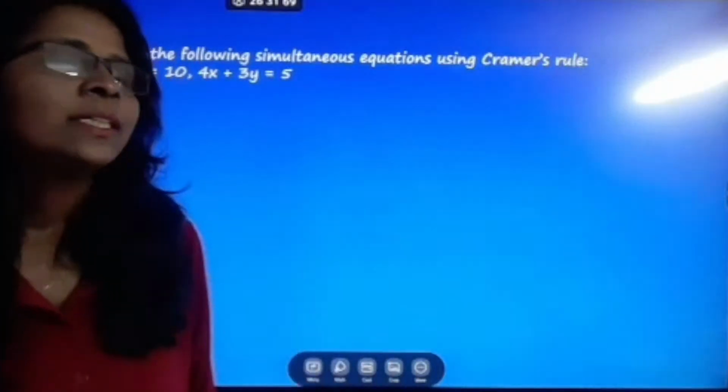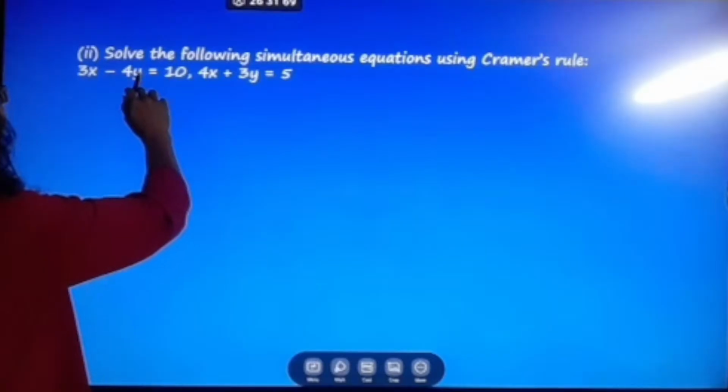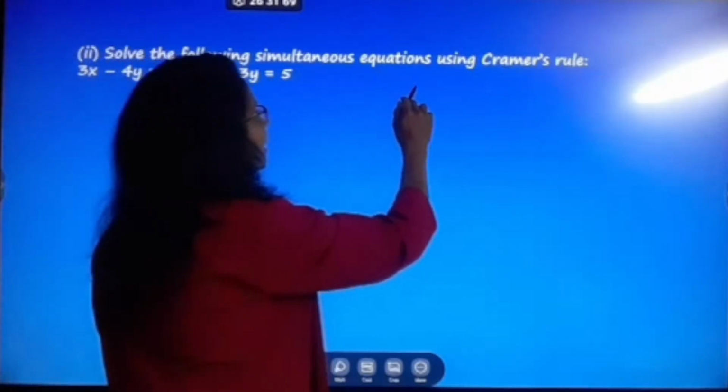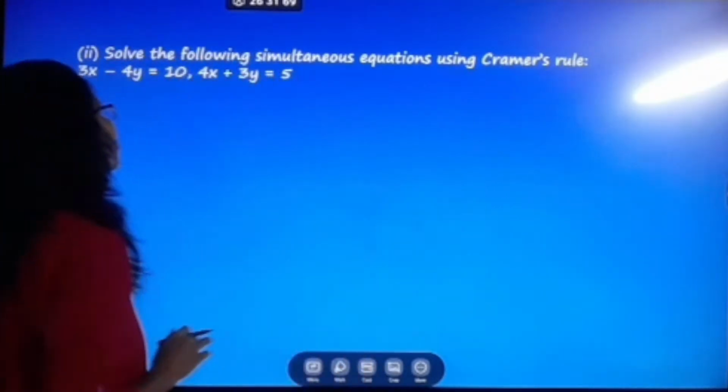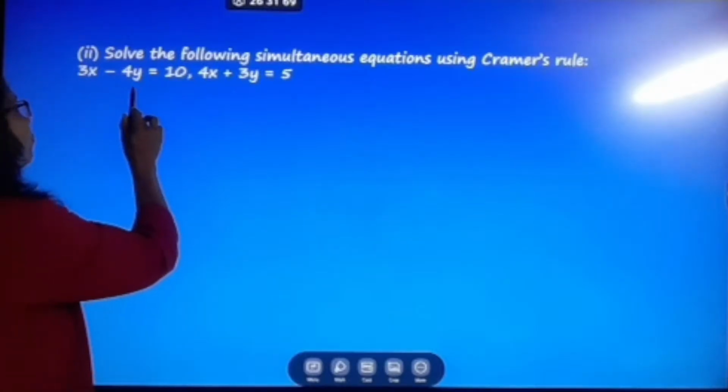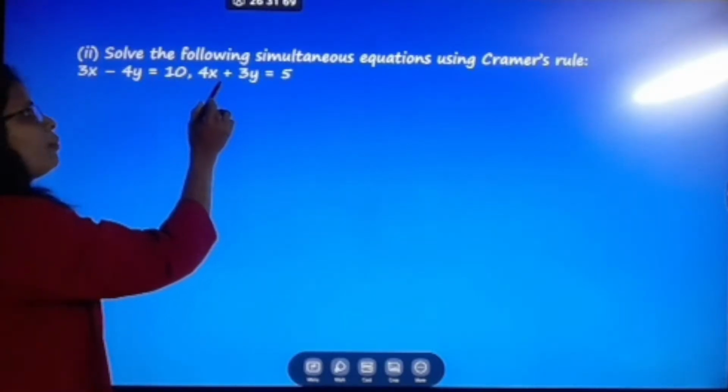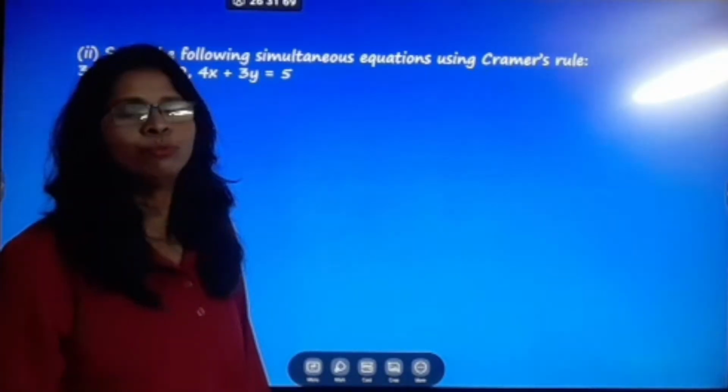Okay, so the next example is that solve the following simultaneous equations using Cramer's rule. That is 3x minus 4y is equal to 10, 4x plus 3y is equal to 5.